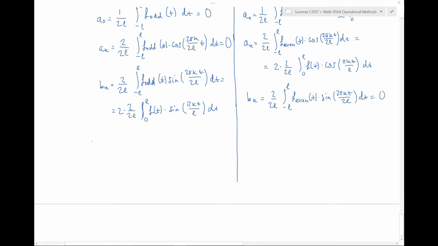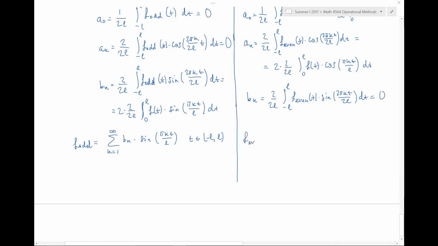And therefore the odd function can be written as a summation as k goes from 1 to infinity of b_k times sine pi k t over L. And this will represent the function on the interval from minus L to L. But on the interval from 0 to L, this function will be equal to f of t. Therefore, the same series will represent the function f of t on the interval from 0 to L.